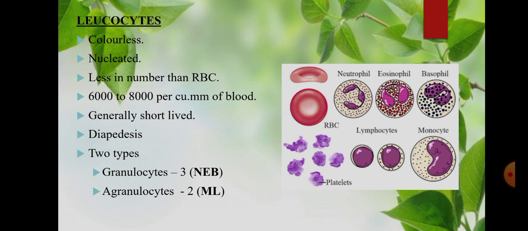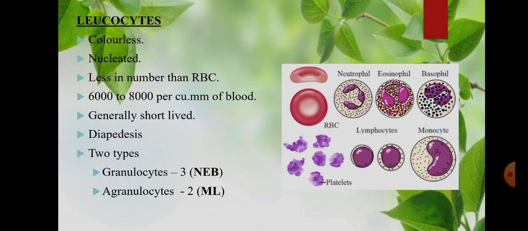Clear? Now, based on the presence or absence of granules in the cytoplasm of WBC, we can categorize WBC into two types, granulocytes and agranulocytes. I'll repeat it once again. Based on the presence or absence of granules in the cytoplasm of the WBC, we can divide them into two, granulocytes and agranulocytes. So granulocytes means those white blood cells which have granules in their cytoplasm.